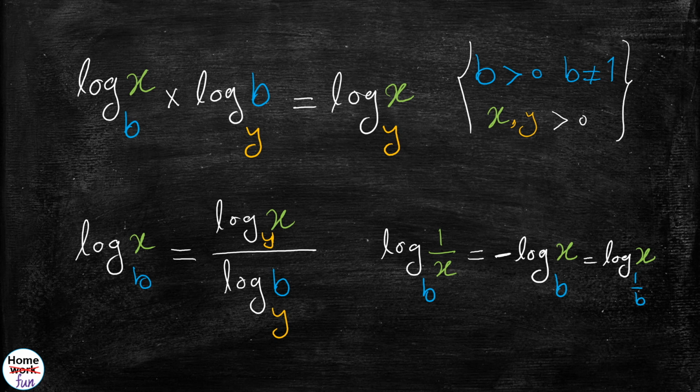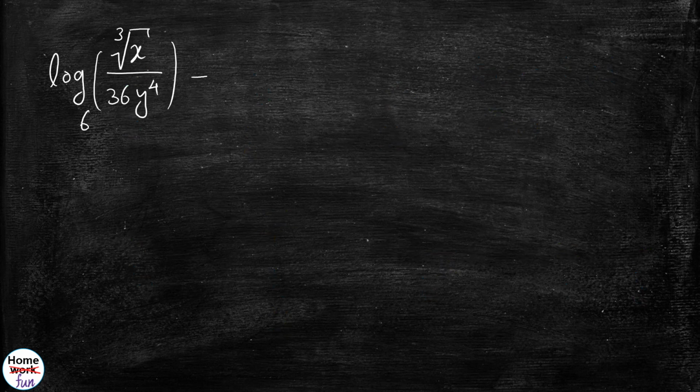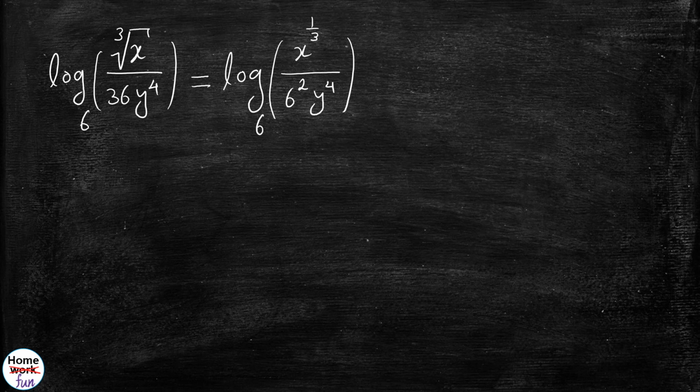Now let's see some more examples. Simplify this. So I can say equals log of, let's deal with the cube root. So I can say x to the power of 1 over 3 over 36 is just 6 to the power of 2 times y to the power of 4 with the base 6. Okay. Now remember, we could convert division into subtraction, the quotient rule.